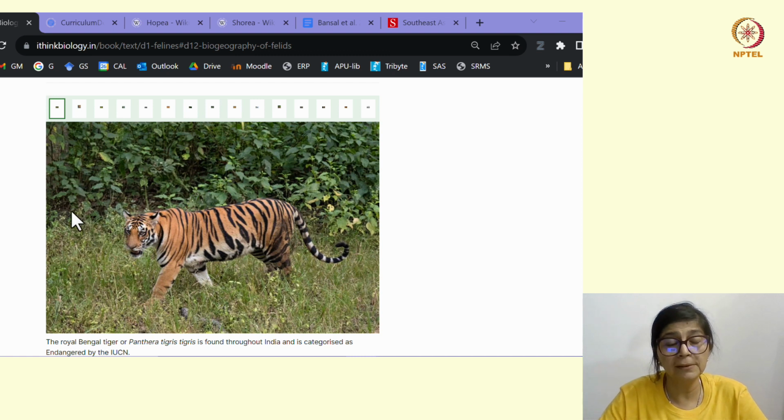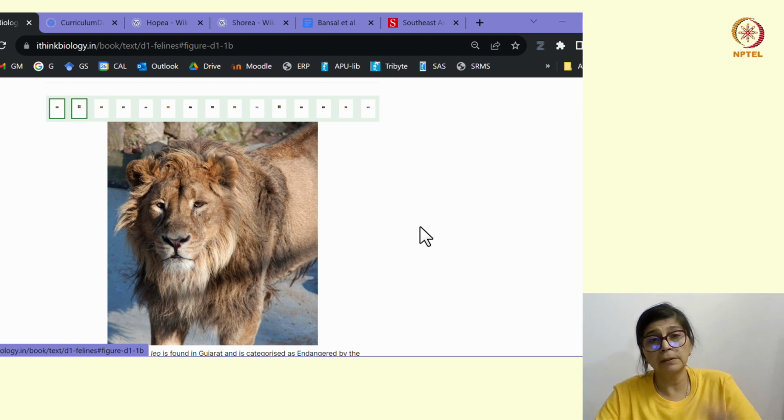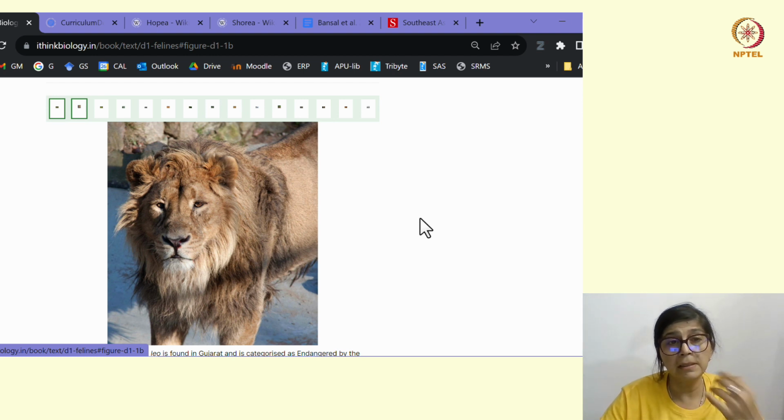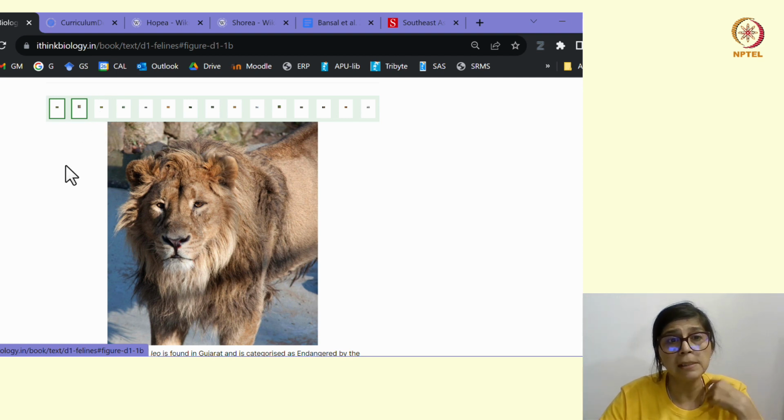The first one is, of course, none other than the Royal Bengal tiger, Panthera tigris, found throughout India as well as in many parts of Java, Sumatra, and all these islands. It's endangered now, as declared by the IUCN. Then Panthera leo, which is a subspecies of the African lion. This is found in Gujarat, in the dry regions, and it has expanded its range even to the shorelines now.